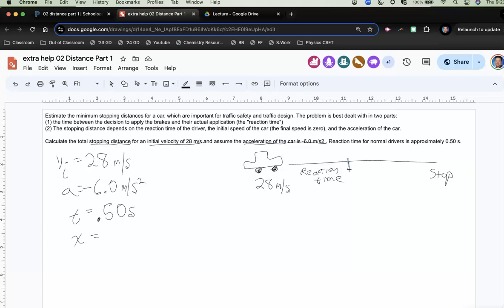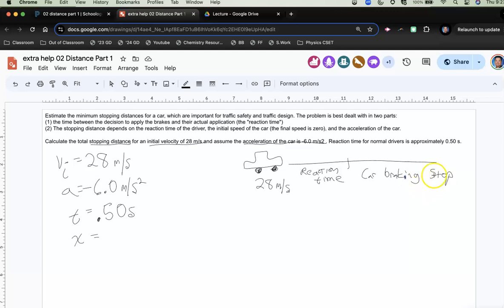Okay? Eventually it stops, right? Eventually the cars stop. So that time, sometimes they break down, sometimes they crash, right? Unfortunately. But when those cars are sliding, it takes time for it to completely stop. That's the other half of our picture.